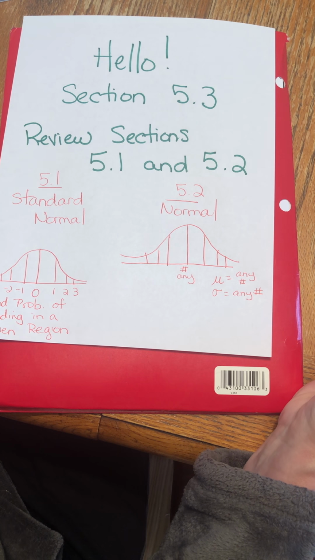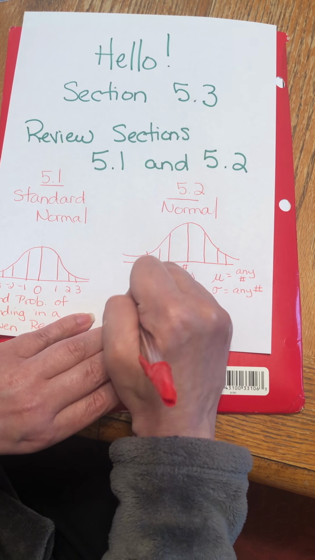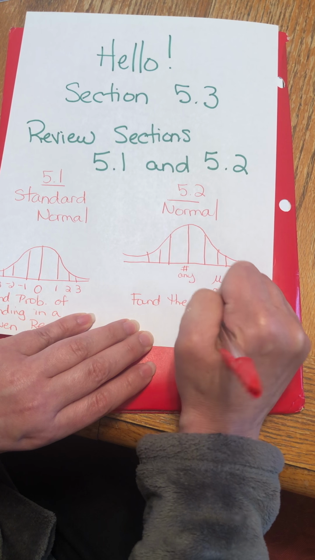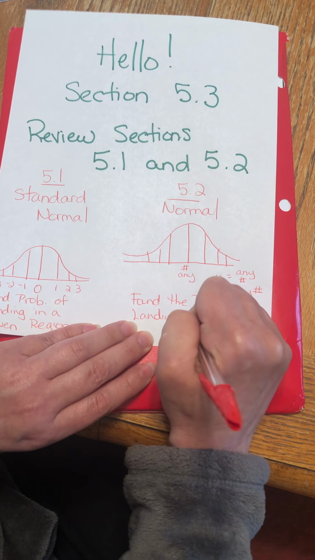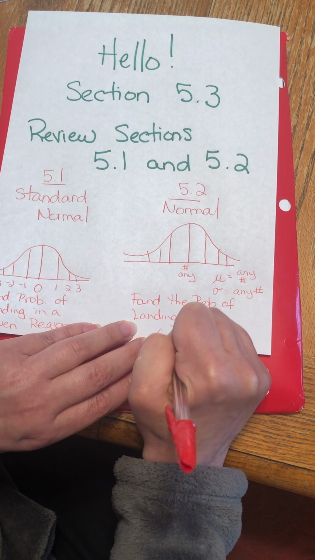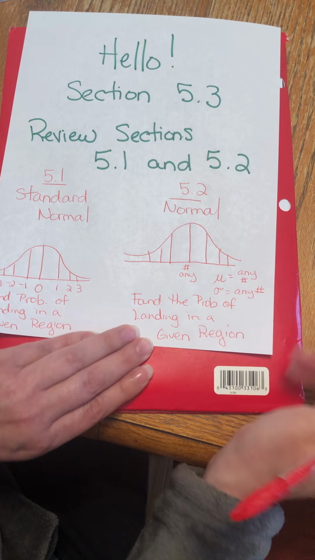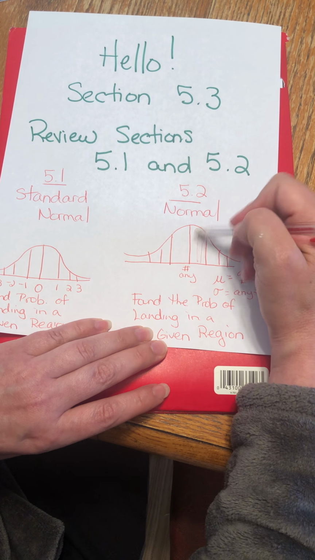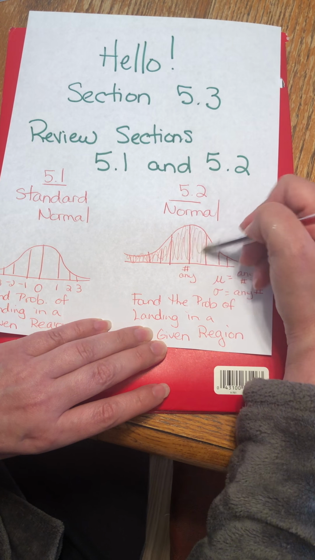But again, I gave you these numbers down here, and you found the probability of landing in a given region. That's what we did in 5.1 and 5.2. So for example, we found the probability of landing in that shaded region.